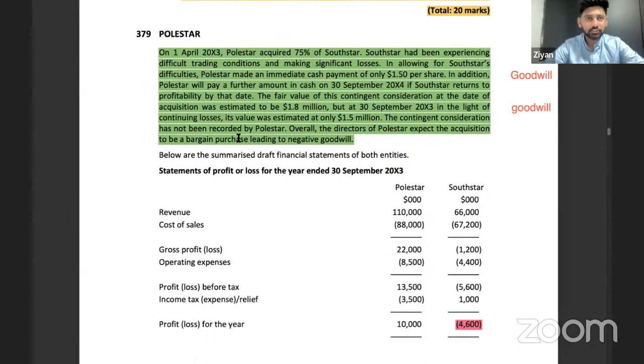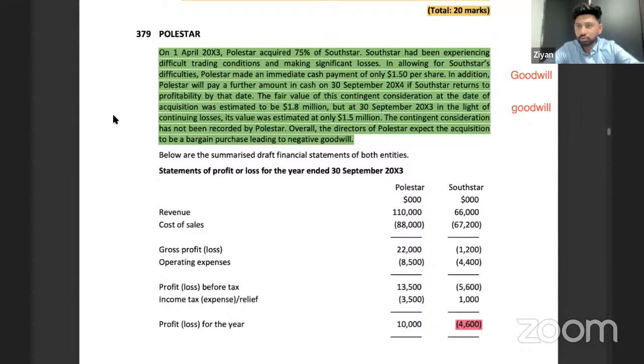So please go to Polestar in your revision kit if you have. P-O-L-E, get it right. Okay, super. Everybody, you're in with me? Right, super.